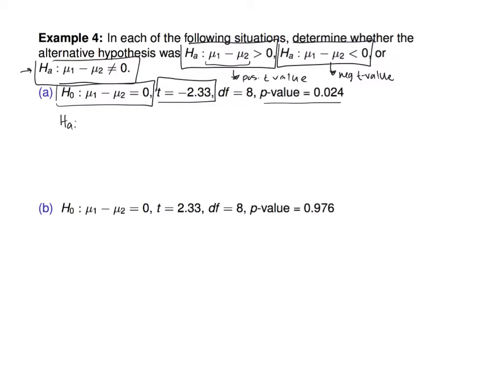So I think since this is a negative value, it's either mu1 minus mu2 is less than 0, or HA is mu1 minus mu2 is not equal to 0. And you figure that out by the t-value, correct? Yeah, by the t-value.